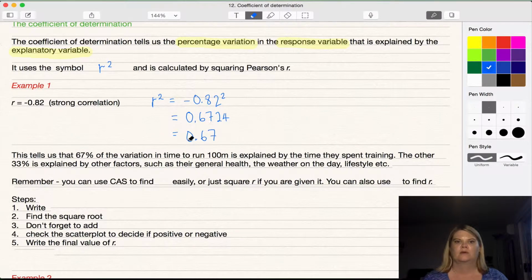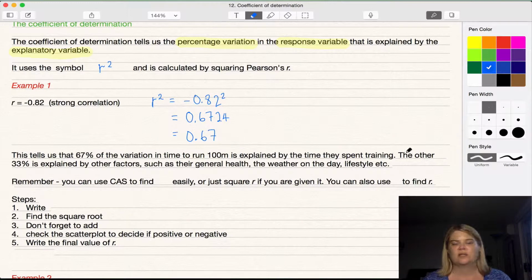This 0.67 tells us that 67% of the variation in time to run 100 meters is explained by the time spent training. So all I've done is I've taken this sentence here and I've inserted the percentage, the response variable, and the explanatory variable. So you'll probably need to do that when you are interpreting the coefficient of determination.